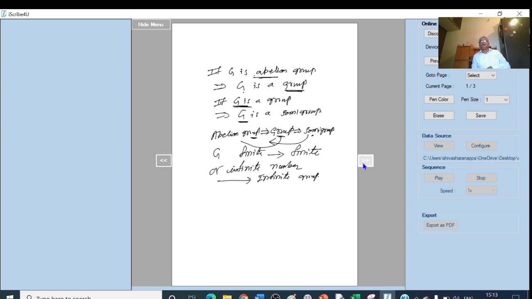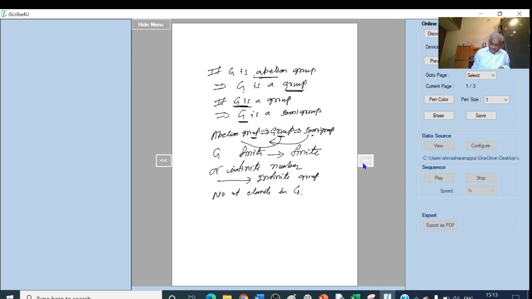Now if the number of elements in G is finite, then you say that it is a finite group, and if it is infinite, then you say that it is an infinite group.